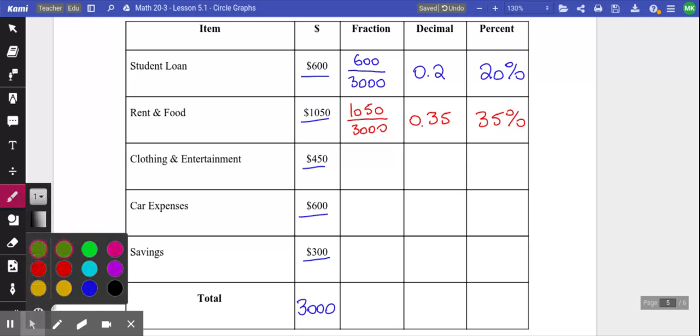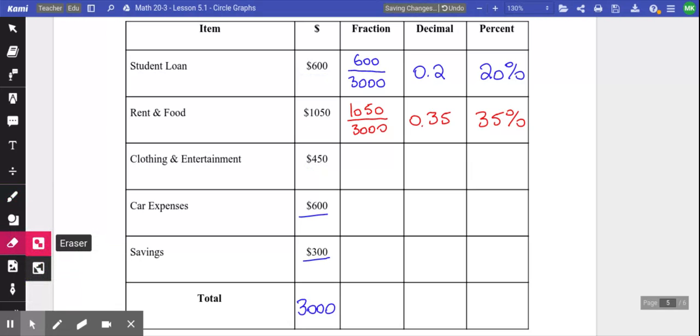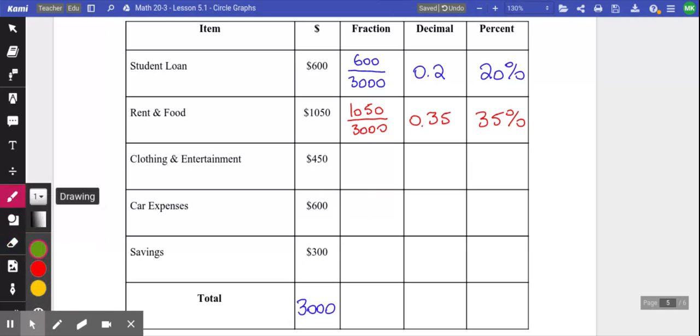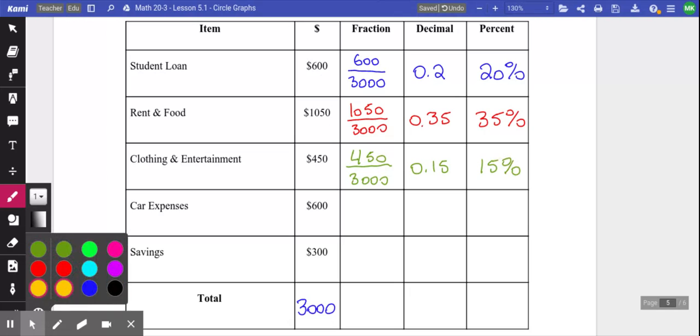Our entertainment we have over here. So if we want to do our entertainment, it would be 450 divided by 3,000. And that's 0.15, which we know is 15%. My car expenses, 600, we're going to go 600 divided by 3,000.